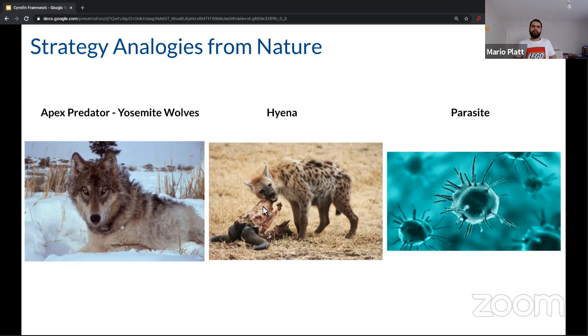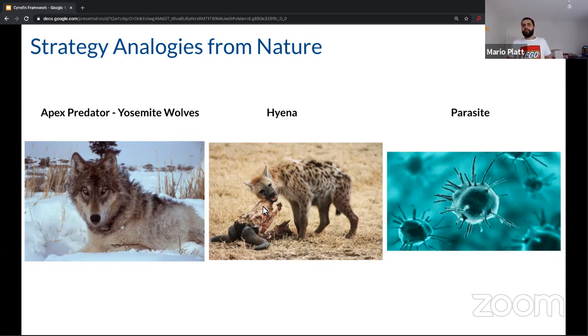So here we've got three different things that relate to strategy. So parasites live off the host directly. Right. So if we're thinking about a parasite type strategy, what we are typically thinking about is what things already exist and how can I live off of them, directly.